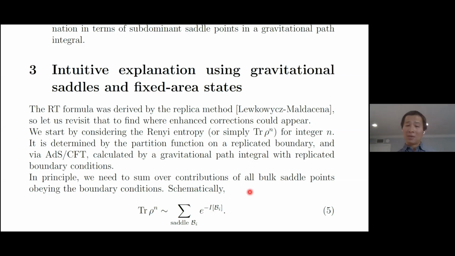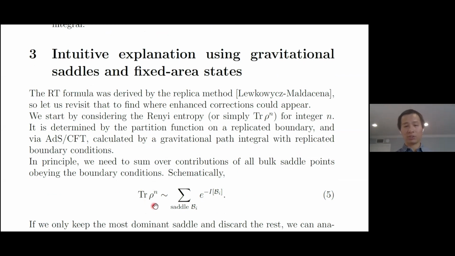So let me schematically write that what we want to calculate, trace rho to the n, is equal to a sum over all the saddles, where the contribution of each saddle is, roughly speaking, e to the minus I, I being the action. Here, I'm suppressing fluctuations around the saddle points. We can include them. They're not going to give large corrections. They're going to give order 1 terms, and not something that goes like 1 over square root of g.